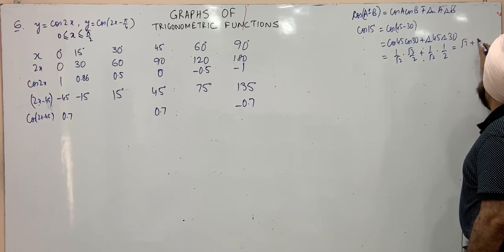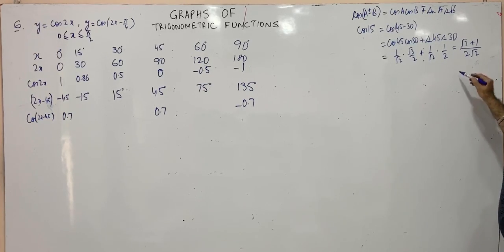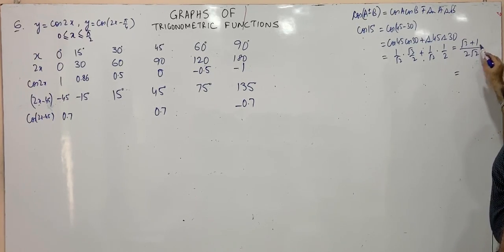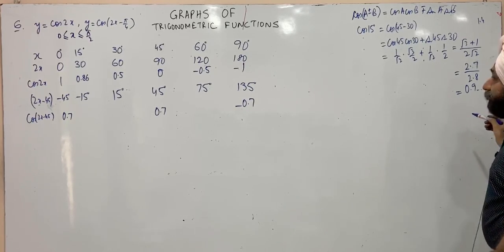So root 3 plus 1 upon 2 root 2. This is cos of 15. This is 1.7 plus 1, 2.7. Root 2 is 1.4, so this is 2.8. Let's write it's 0.9 something, cos of 15 degrees.